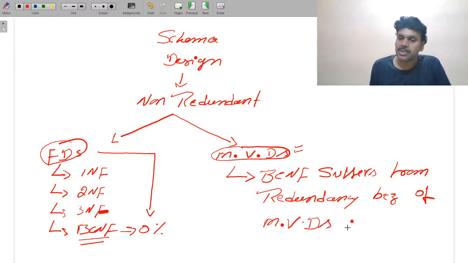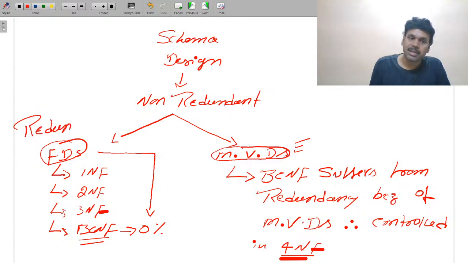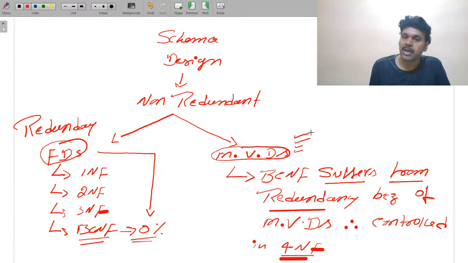So who is going to control this? It can be controlled or removed in fourth normal form. When you talk about the fourth normal form, you are talking about the removal of redundancy caused by multi-value dependencies. Finally, whatever redundancy is generated from FDs, we can nullify in BCNF, but BCNF still suffers from redundancy because of a concept called multi-value dependencies.